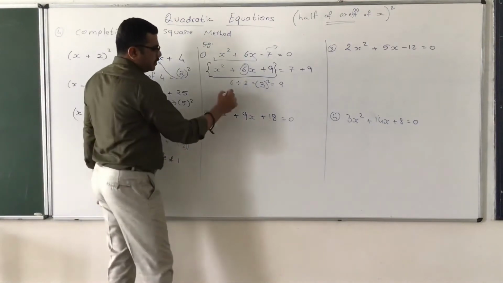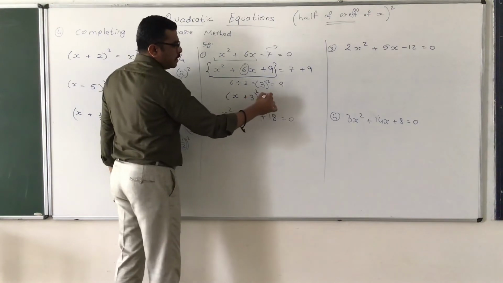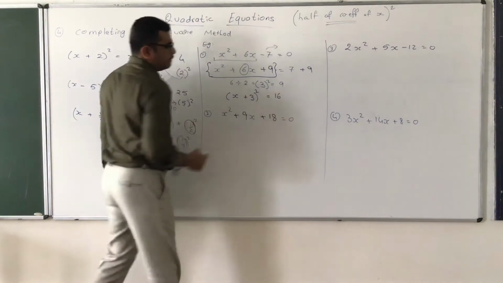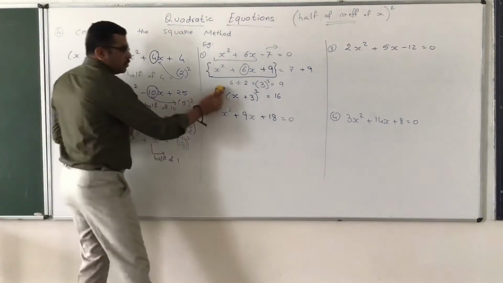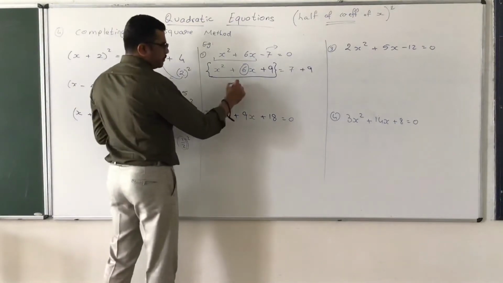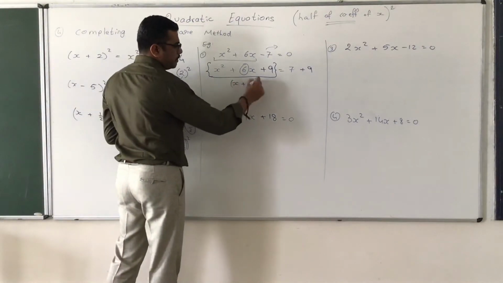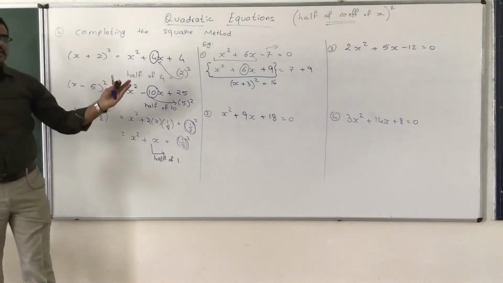So on the left hand side we have x plus 3 the whole squared equals 16. So if we have x plus 3 the whole square equals 16, now we can easily take a square root on both the sides.